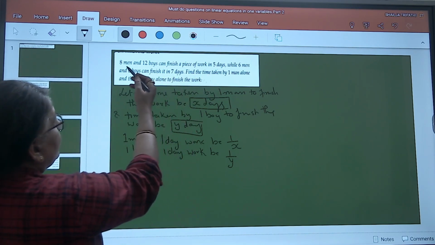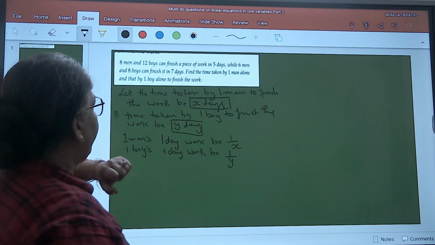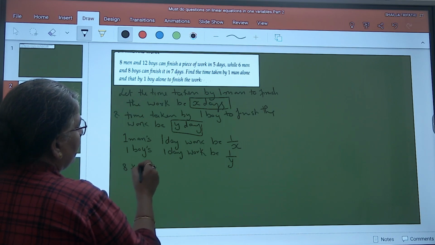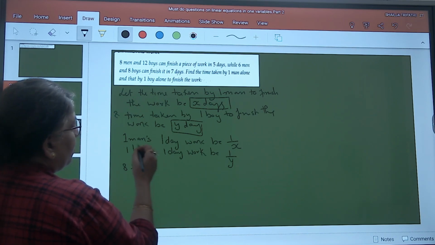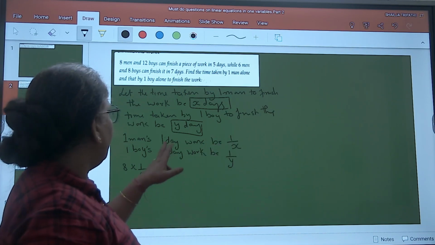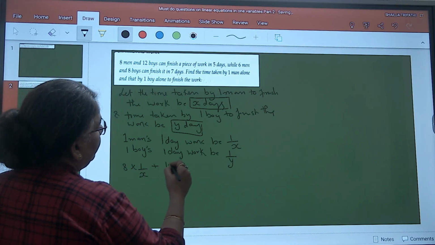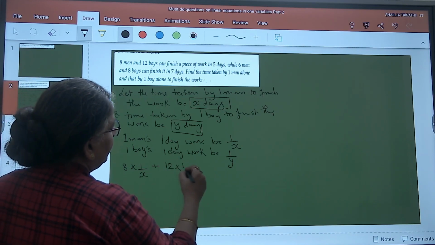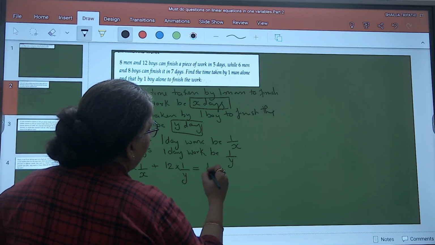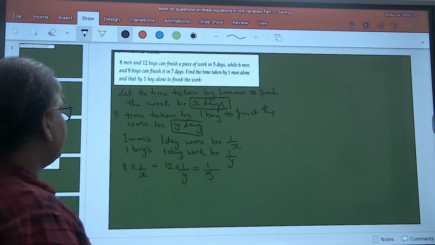Now from the given information, 8 men and 12 boys can finish the work in 5 days. So 8 men are completing this much work because one man is completing 1 upon x work in 1 day, plus 12 boys will finish this much part of the work, and in 1 day this much part of work is completed.